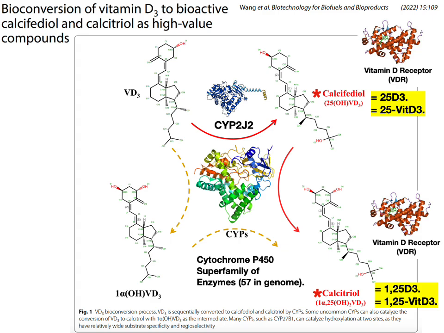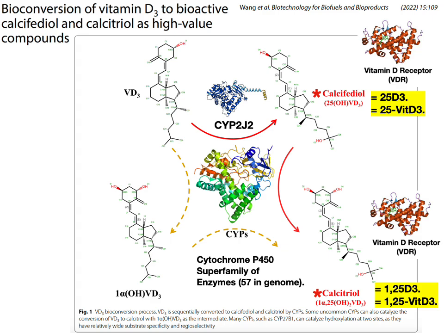So this is called bioconversion of the vitamin D nutrient or skin metabolite to bioactive calcifediol and calcitriol as high-value compounds, meaning they have important immune functions, including antioxidant and anti-inflammatory activities.